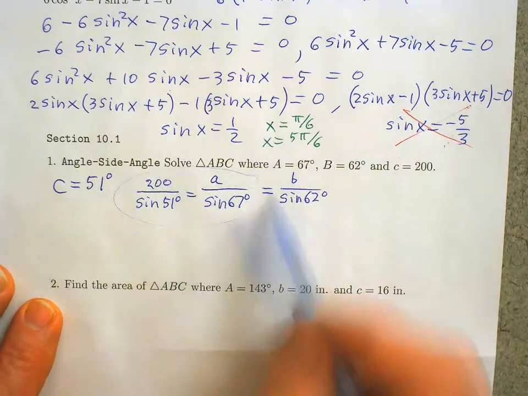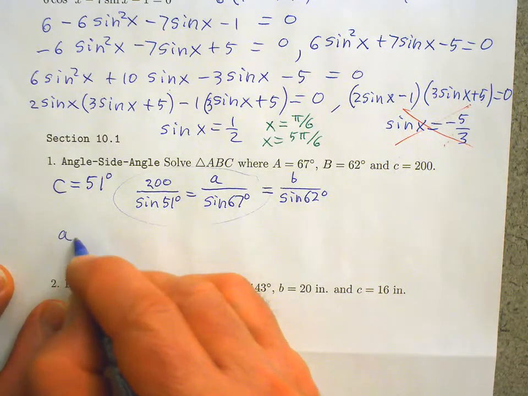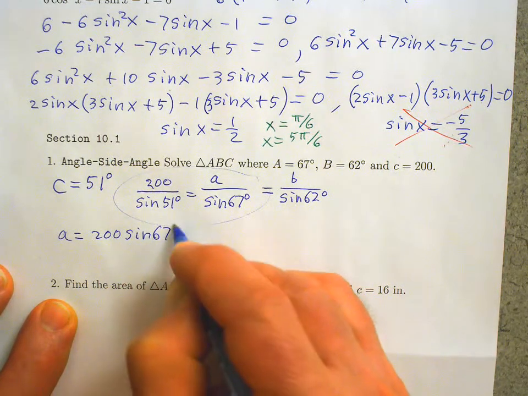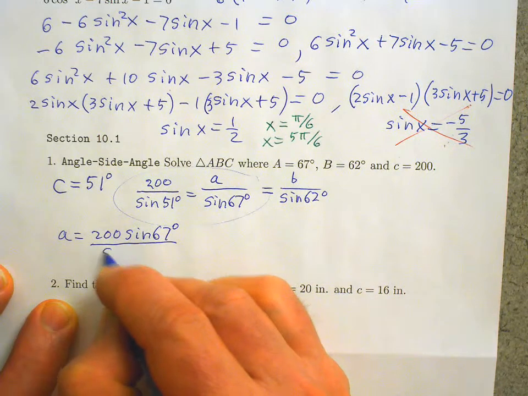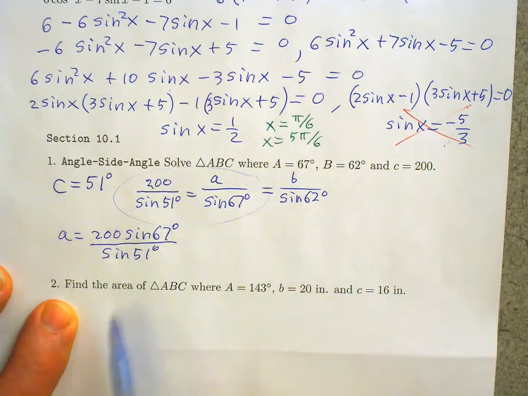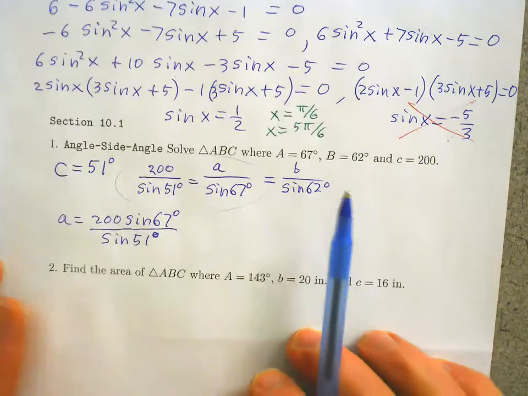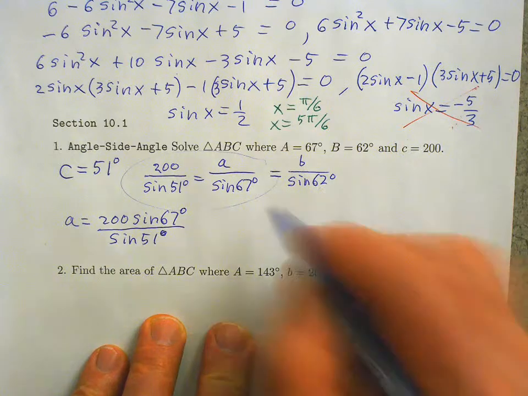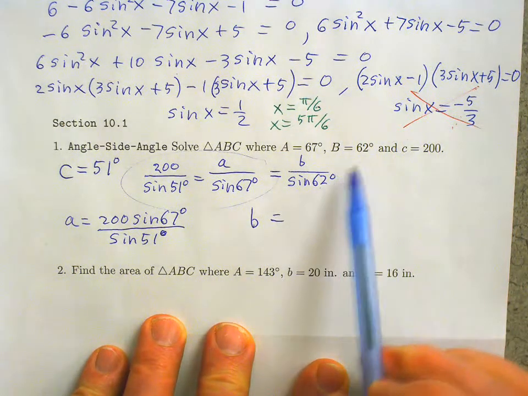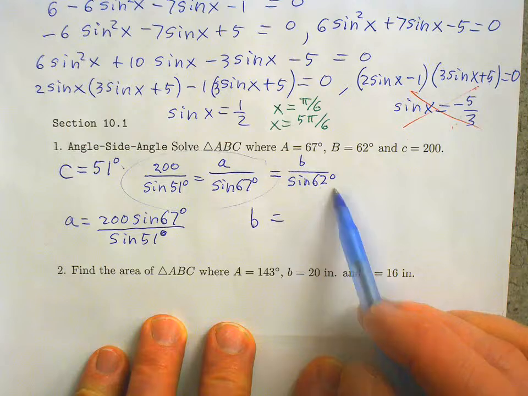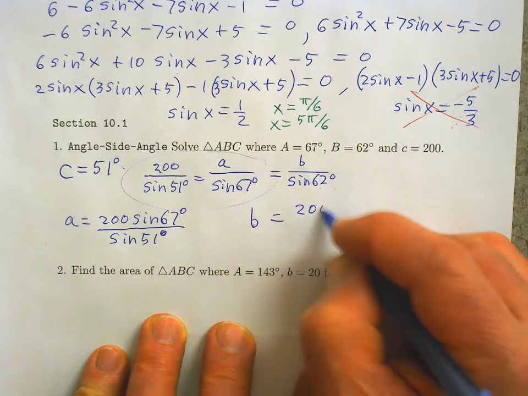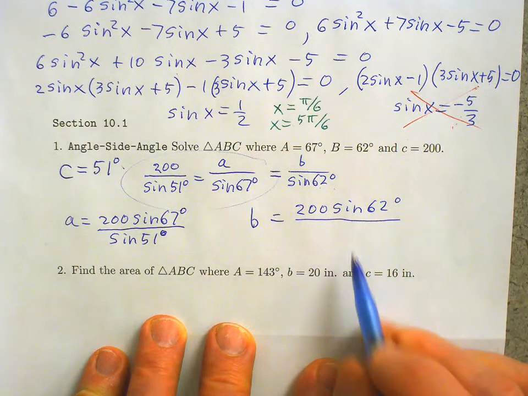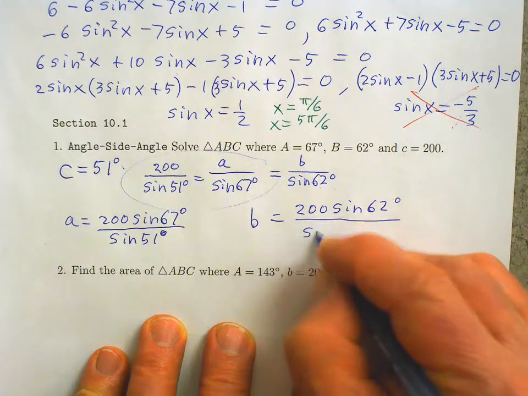Okay, if we solve this equation on the left, we get lowercase a equals 200 times sine of 67 degrees over sine of 51 degrees. So this is our answer because we're not using calculators and the angles aren't special angles. Then to solve for b, multiply both sides by sine of 62 degrees, we get b equals 200 times the sine of 62 degrees divided by sine of 51 degrees.